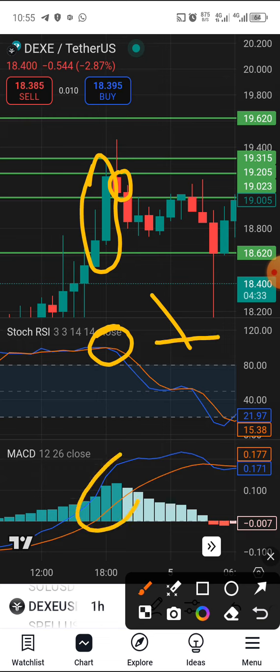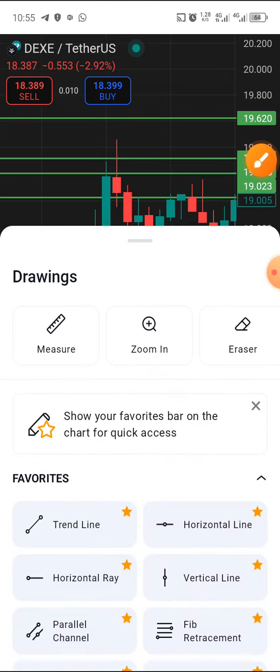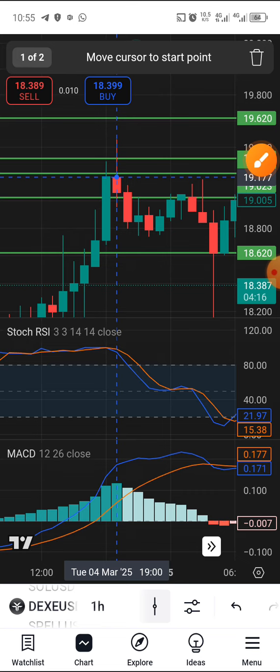When you come on the MACD, you see how color has changed from dark green to this pale green here. I hope you all see it. Let me draw there a vertical line so that we can see it clearly.